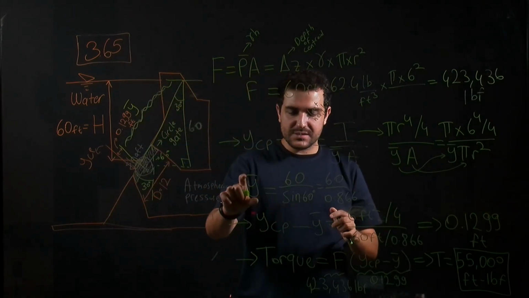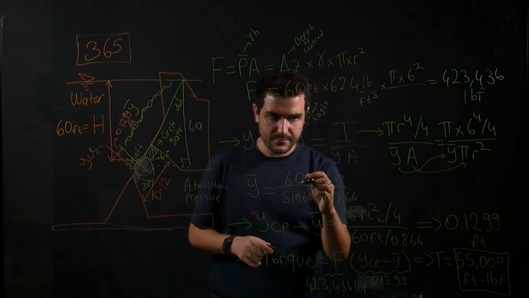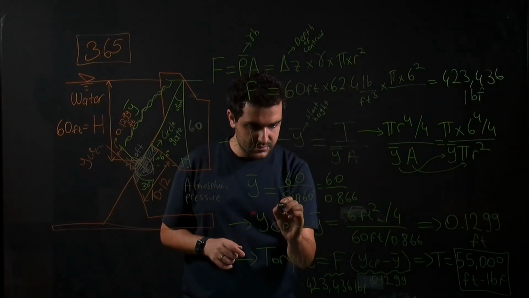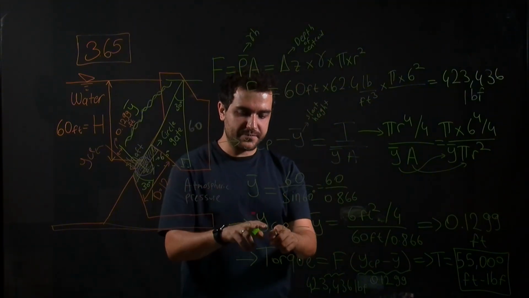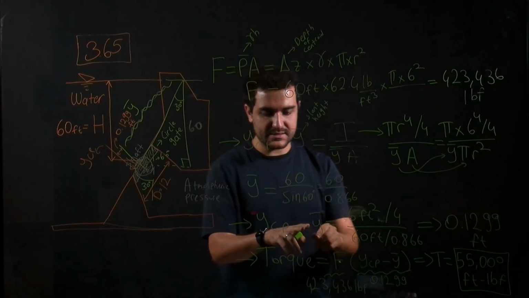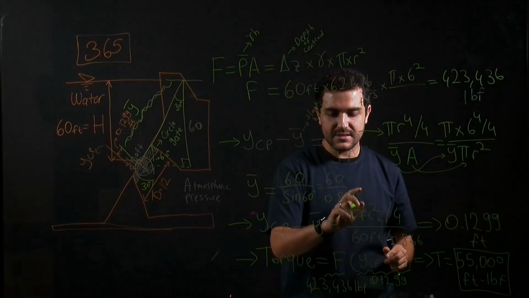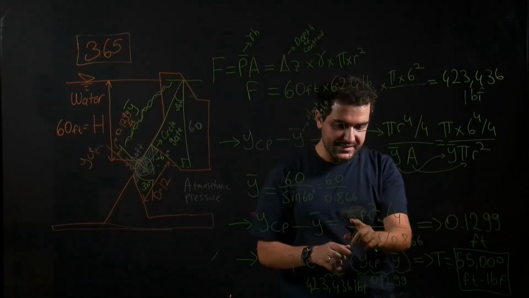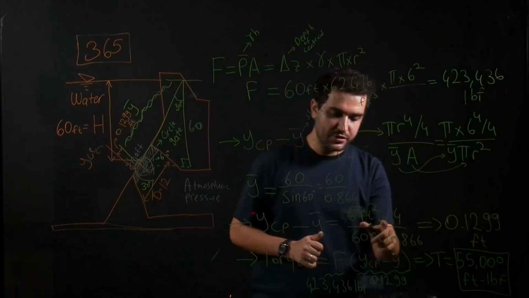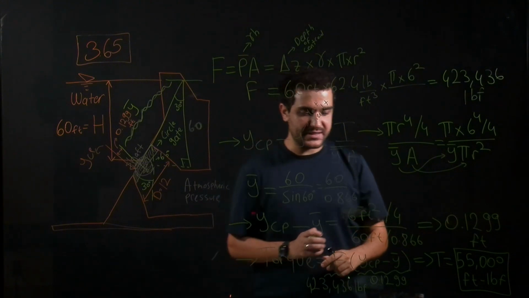If we substitute this value in this equation, the center of pressure minus slant height, which is 60 over 0.866, is equal to 6 square feet over 4 over 6 feet divided by 0.866.